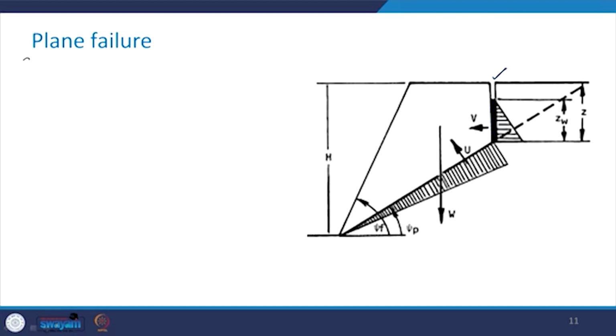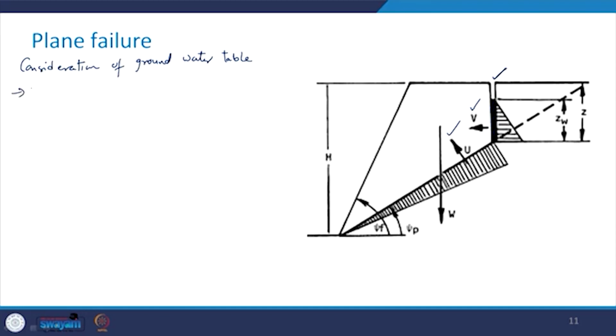So, we have it here as the consideration of the ground water table. So, in this case you are going to have the pressure because of the presence of the water and the groundwater table in the form of this U and V.